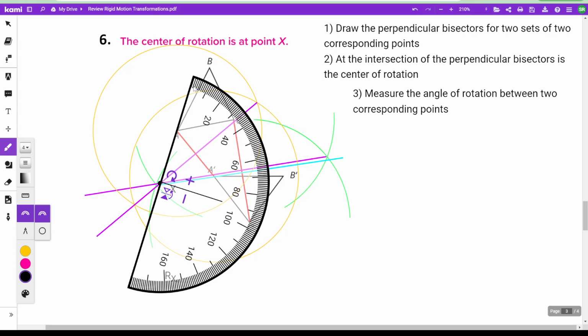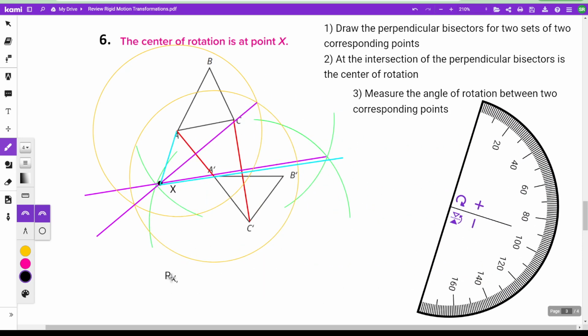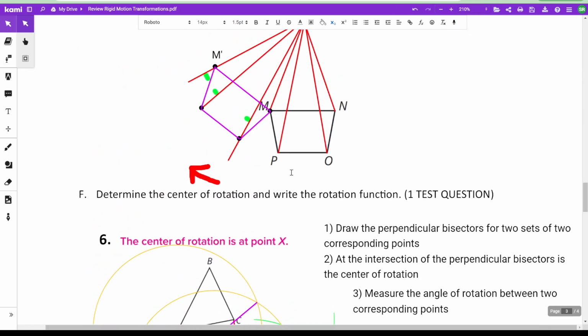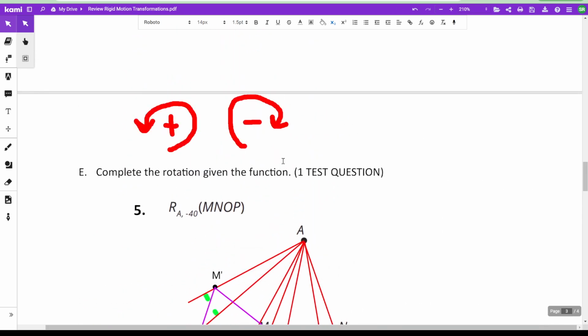Okay, so this is at 0 degrees, and this has been rotated up until about, oh, what is that, 65 degrees. Okay, so here I'm going to put 65. But we've got to be careful because ABC was rotated about X in this direction. And if you remember, something rotated in this direction, and we can come up here for reference, is negative.